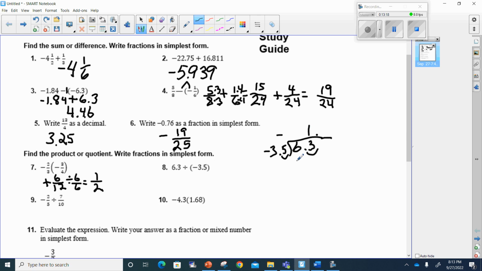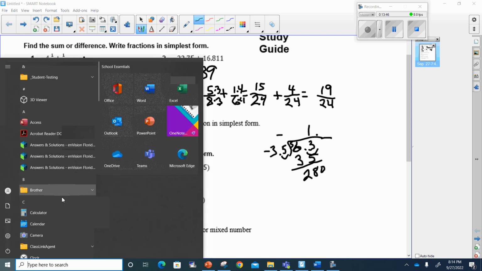And now I can put this 1 in, minus 35. Well, 63 minus 35 is going to leave me 8 here. And I had to borrow 1. So this is 5, and 5 minus 3 is 2. Now I have 280. I'm just going to check my calculator.